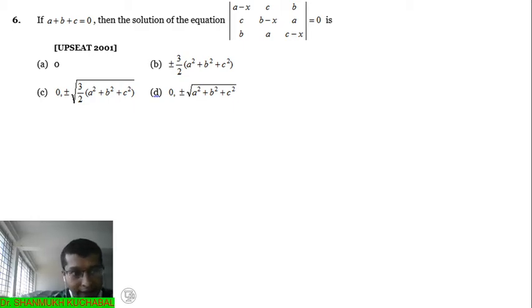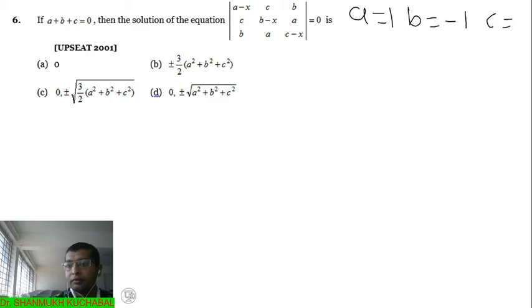Here it is given that if A plus B plus C equal to 0, then find the solution of the equation. So we have to choose A, B, C values in such a way that A plus B plus C is 0. So I take A equal to 1, B equal to minus 1 and C equal to 0 here. A equal to 1, B equal to minus 1, C equal to 0.